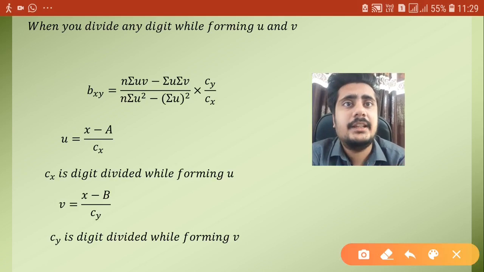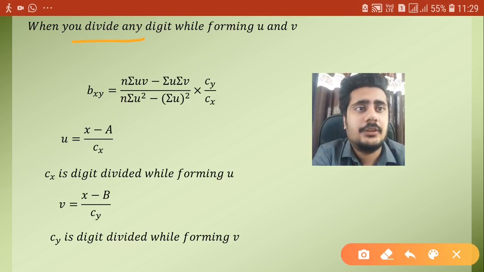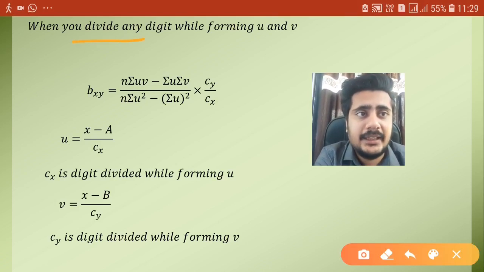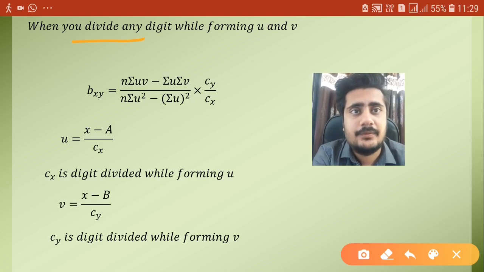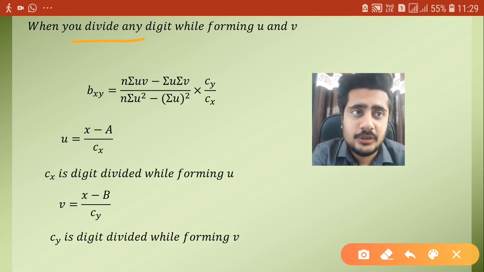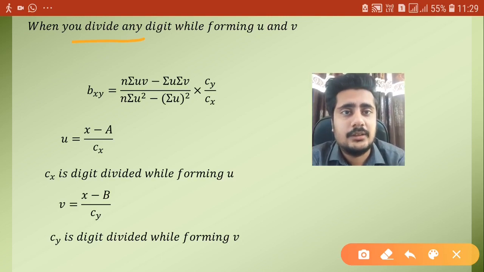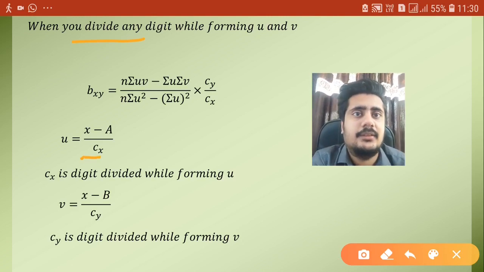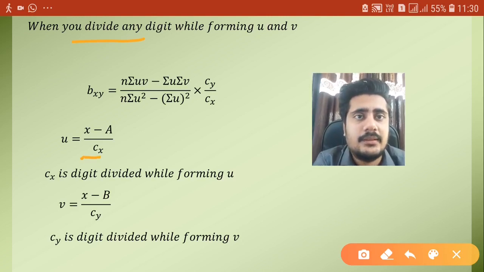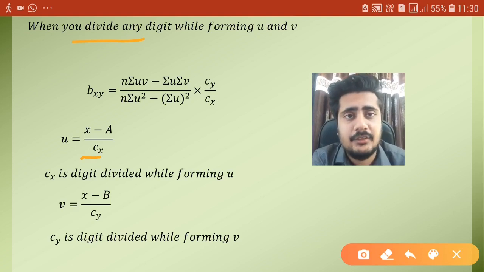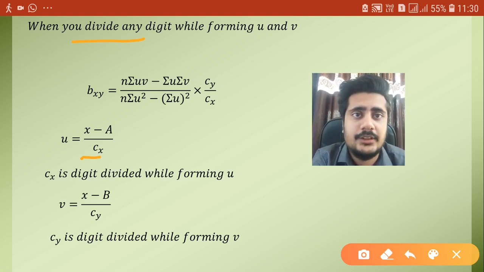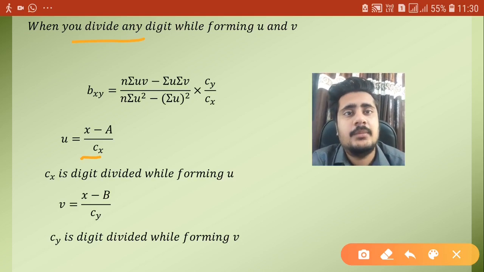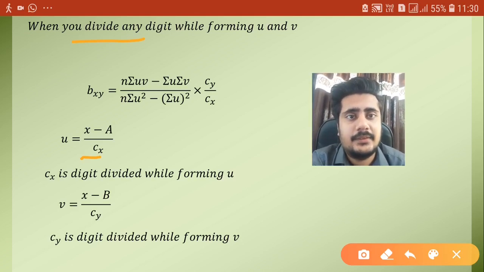If you divide any digit, this is my topic, and it relates to the 3rd chapter, regression. If you divide any digit while forming u, we will name that digit as cx.